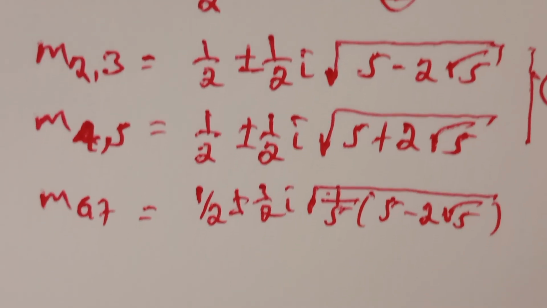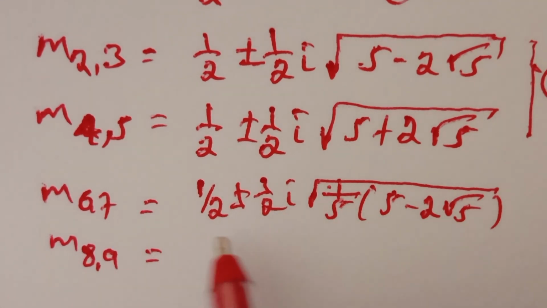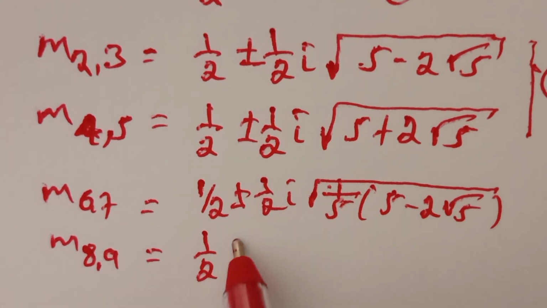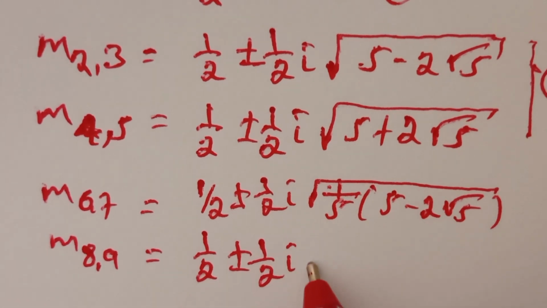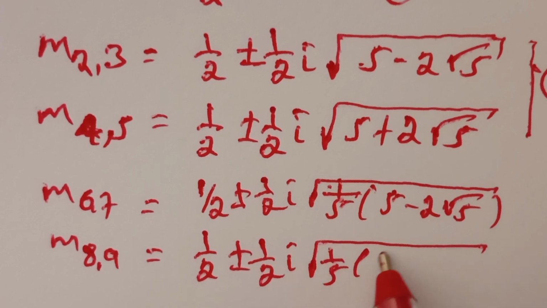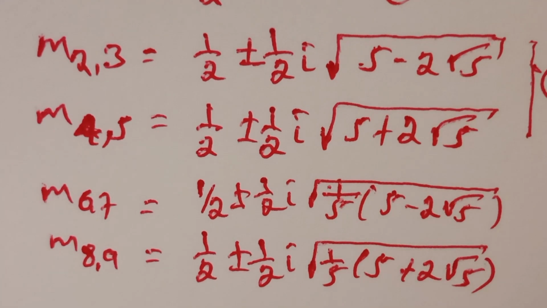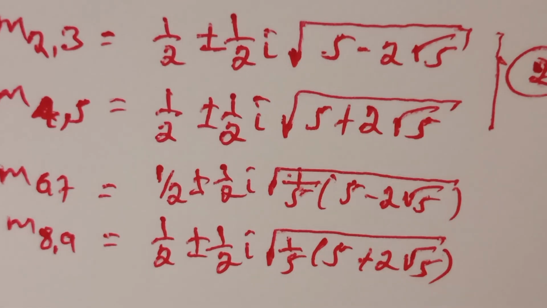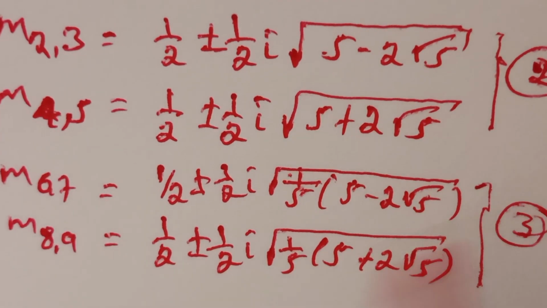This is one solution. And m8 and m9, from the last solution, are 1/2 plus or minus 1/2 i under the radical of 1/5 times (5 plus 2 root 5). So this is from equation 3.